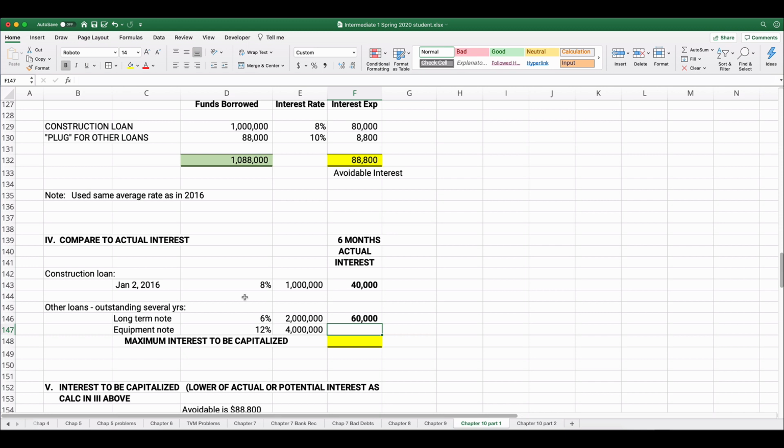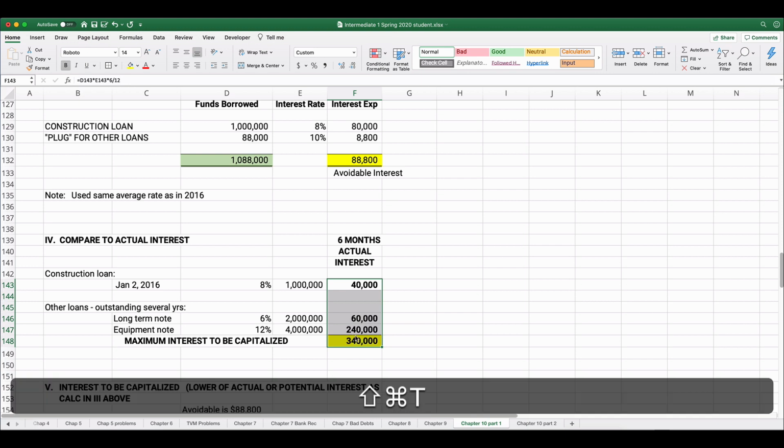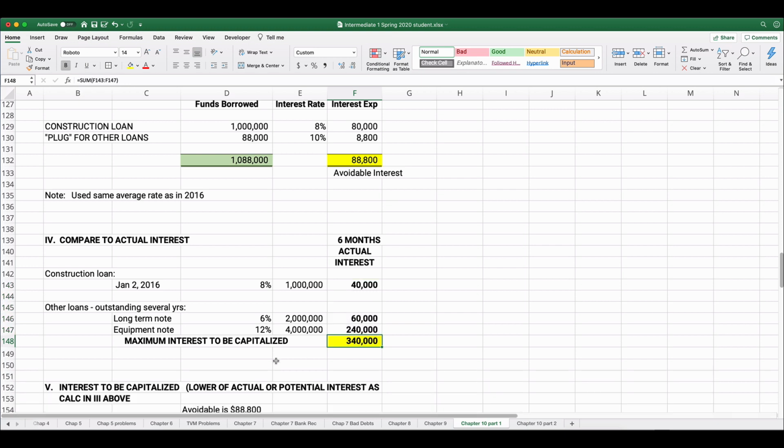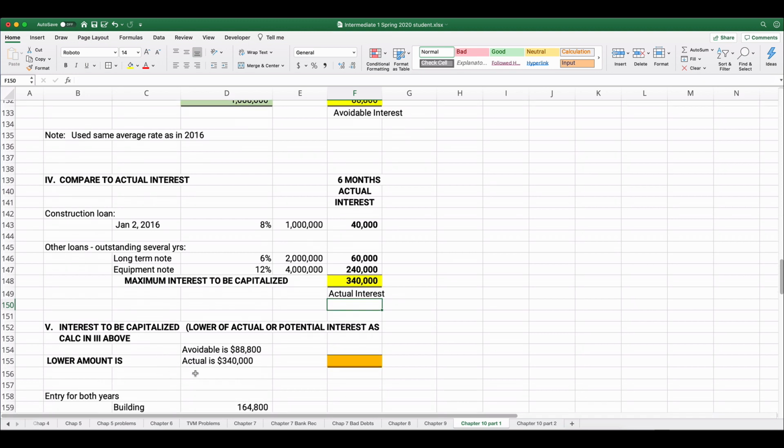That looks right. We do the same thing. 4 million times 12% times 6/12. So we're only talking about 6 months. The period of the loan of the construction of the building is 6 more months in 2017. Add this up. The maximum interest. This is the avoidable interest, and this is actual interest.